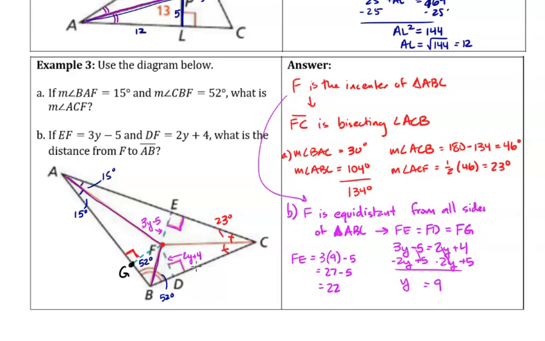FD, just real quick, would be 2 times 9 plus 4, which is also 22, which is what we wanted to see, right? We wanted those two to be equal to each other. But then that is also going to be the distance from F to G. They're all 22. And F to G we decided was what we were representing the distance from F to segment AB as. So there's our answer for part B.